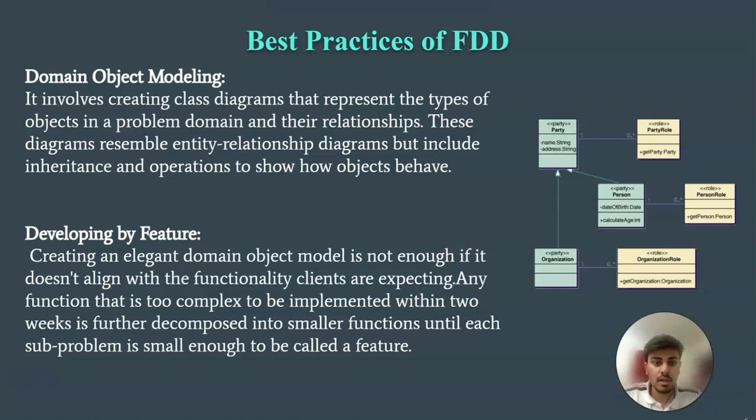Next, developing by feature. Creating an elegant domain object model is not enough if it does not align with the functionality clients are expecting. Any function that is too complex to be implemented within 2 weeks is further decomposed into smaller functions until each subproblem is small enough to be called a feature, because in the class diagrams the functionality can soon become very complicated.